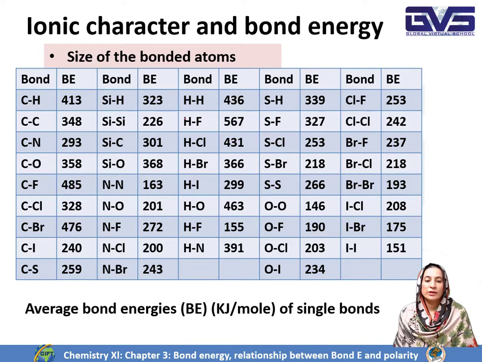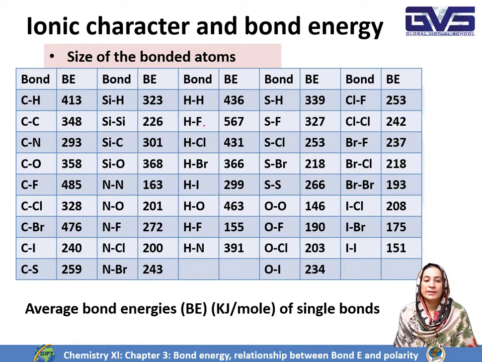You can also observe this with reference to the example HF, HCl, HBr. Although you can quote this example with the difference of electronegativity, fluorine is also smaller in size as compared to chlorine, chlorine is smaller than bromine, and bromine is smaller than iodine.